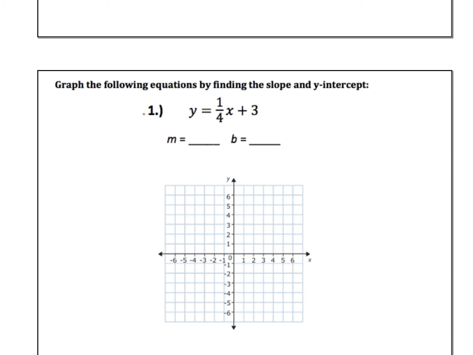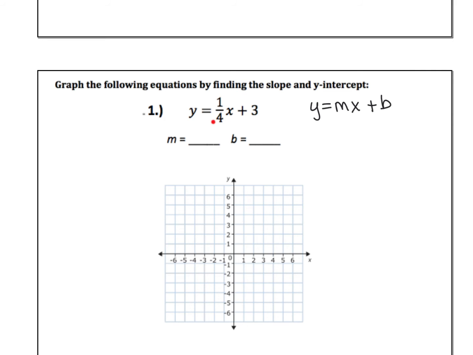All right, so for this first equation, remember our slope-intercept form is y equals mx plus b. Okay, so it's asking what is m and what is b? Well, the m is the slope, and it's always the number in front of x.